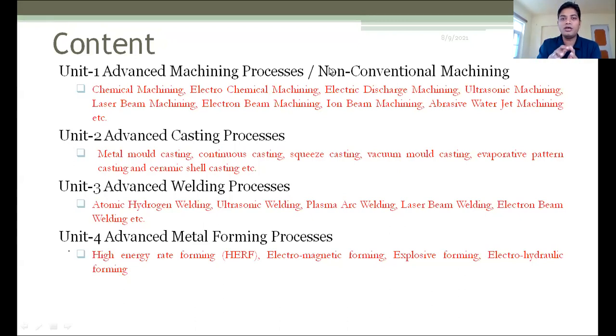Can you tell me operations with a small amount of deformation? Hot rolling, forging, wire drawing and extrusion are operations in which material is deformed in large quantity, which is why we call it bulk deformation.